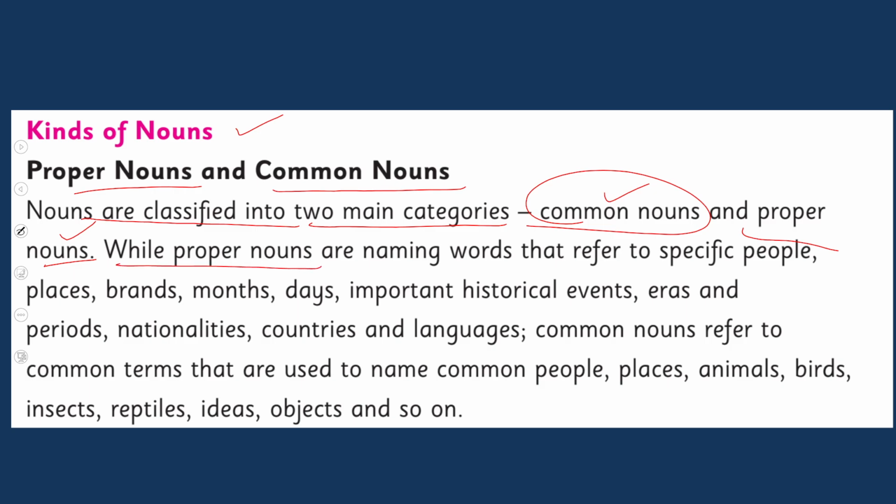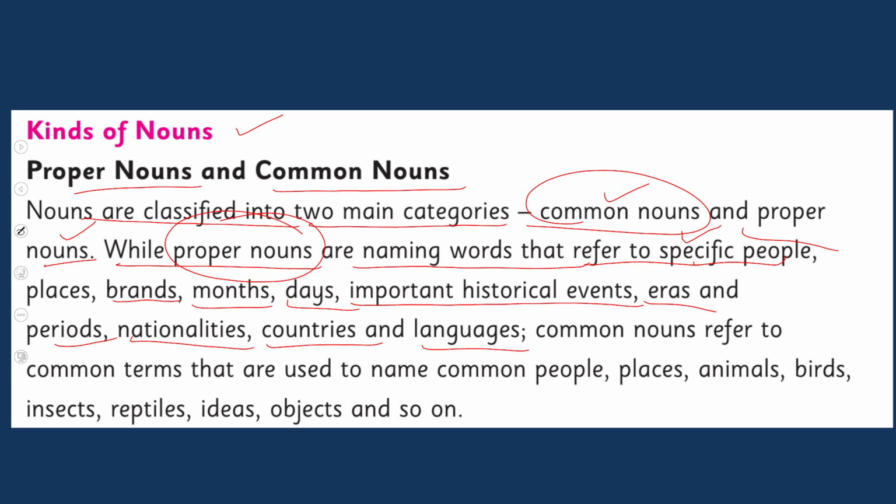Proper nouns are naming words that refer to specific persons, particular people, places, brands, months, days, important historical events, eras and periods. Also nationalities, countries and languages, all of the names of these things are proper nouns.